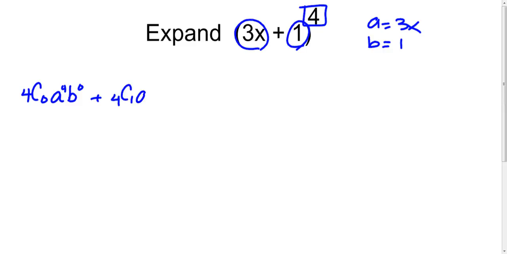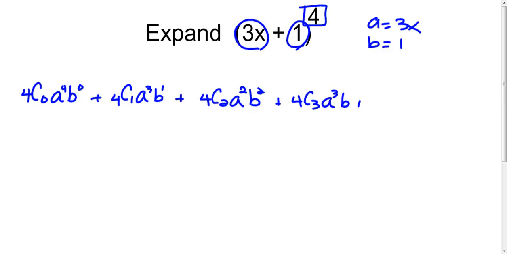4C1 times A to the 3rd, B to the 1. 4C2 times A squared, B squared. 4C3 times A to the 1st, B to the 3rd. And then lastly, 4C4 times A to the 0, B to the 4th. Okay, now you need to have some numbers to plug into this.